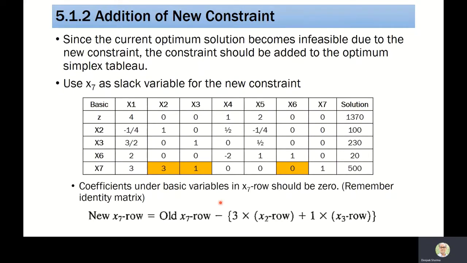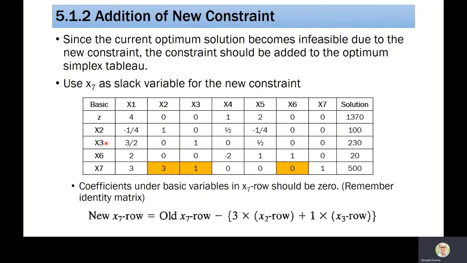What is our observation? We discussed earlier that the basic variable x2 should have coefficients corresponding to the identity matrix, meaning that x2 versus x2 is 1, x2 versus x3 is 0, x2 versus x6 is 0, and this should also be 0, but currently it is 3.